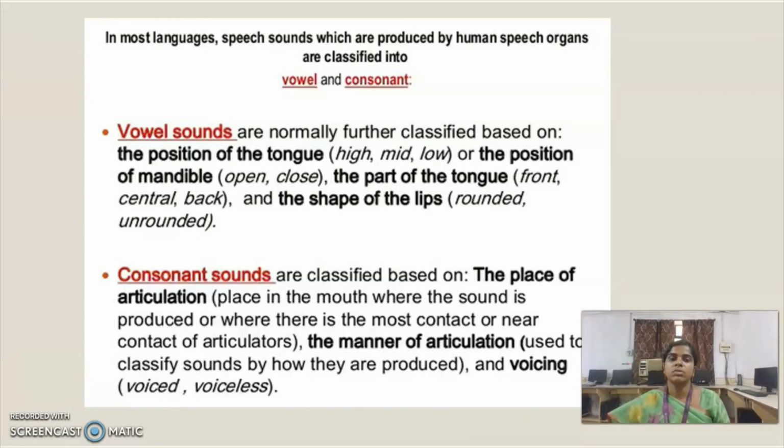The other classification of speech sounds includes consonant sounds. When I bring out consonants, the manner of articulation is different. So the place of articulation determines what consonant is produced.